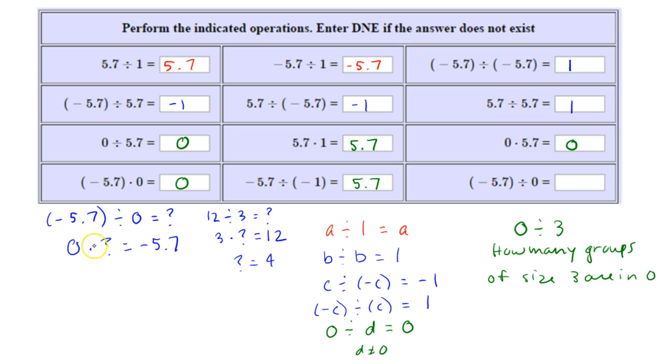So dividing by 0 is like saying 0 times what number equals negative 5.7. But we already saw when you multiply a number by 0, you get 0. So there is no such number. So the answer does not exist. And remember from the directions, we are going to type in DNE as your answer for that one.